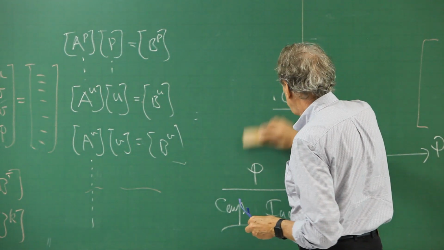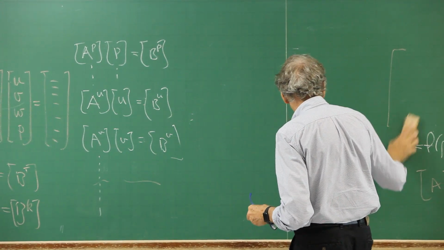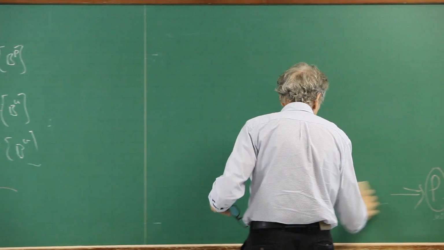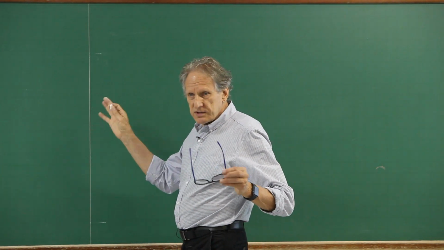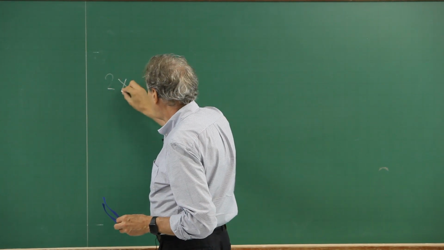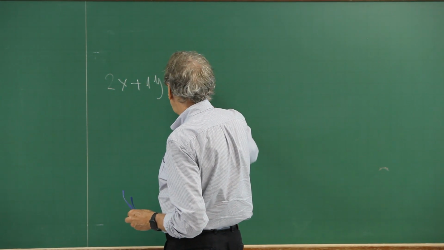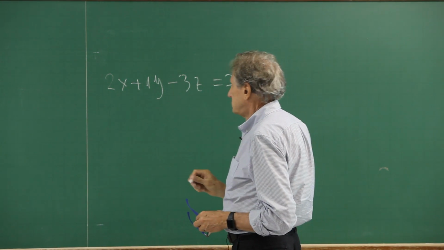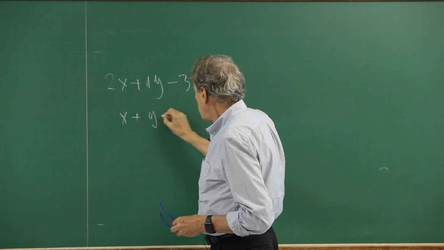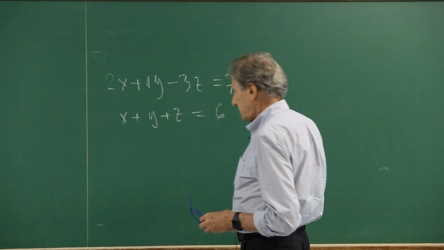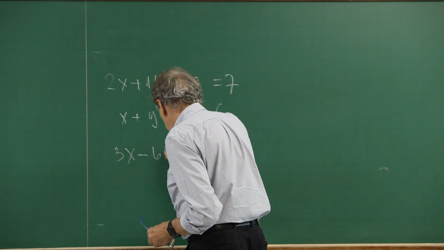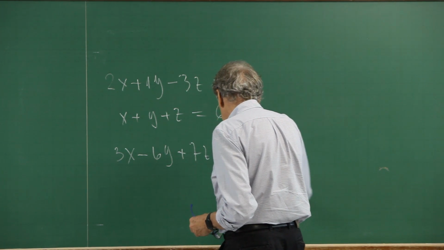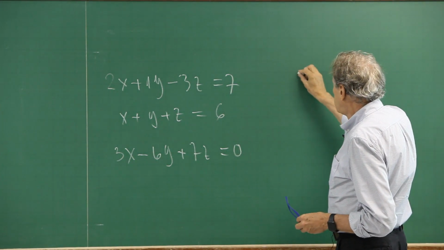I always like to write very simple. This is an algebraic system of equations I'm going to write here. Let's say I'm guessing something here which for sure has no solution: 2x plus 1y minus 3z equals 7. x plus y plus z equals 6. 3x minus 6y plus 7z equals 0.